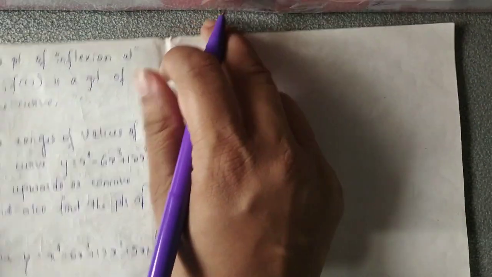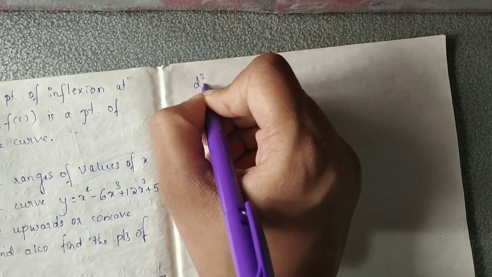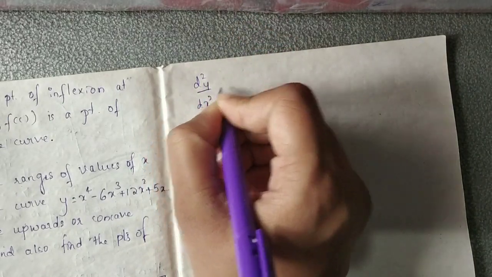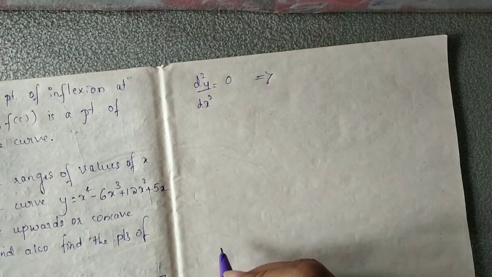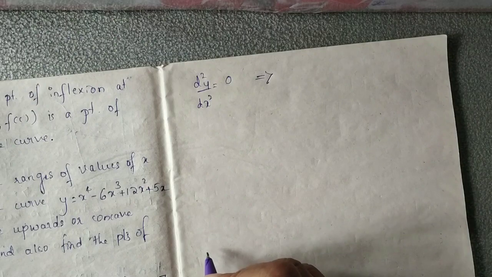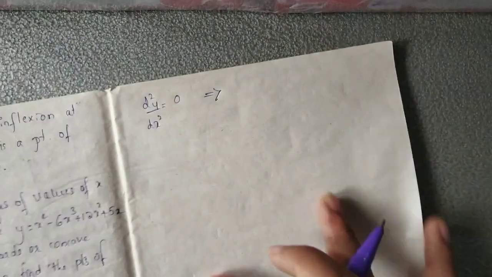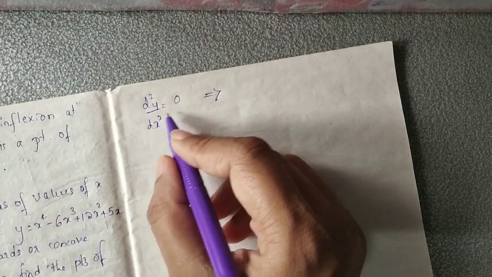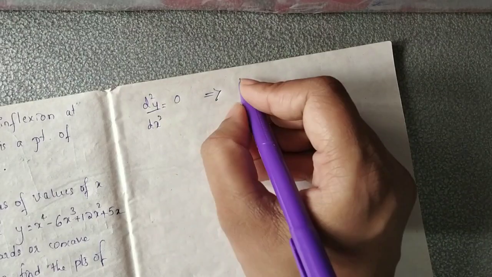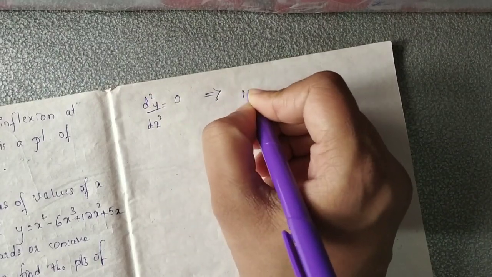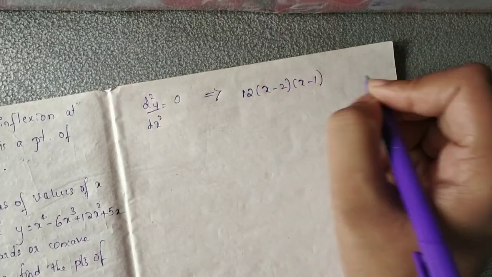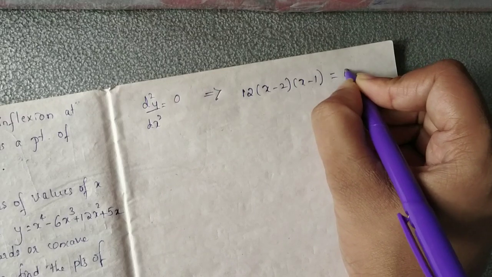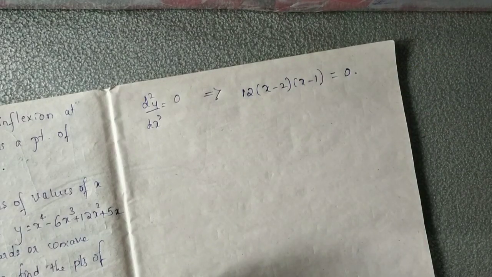Now, d square y by dx square equal to 0 gives the points of inflection, according to the third note. Here d square y by dx square is 12 into x minus 2 into x minus 1, and it should be equated to 0.